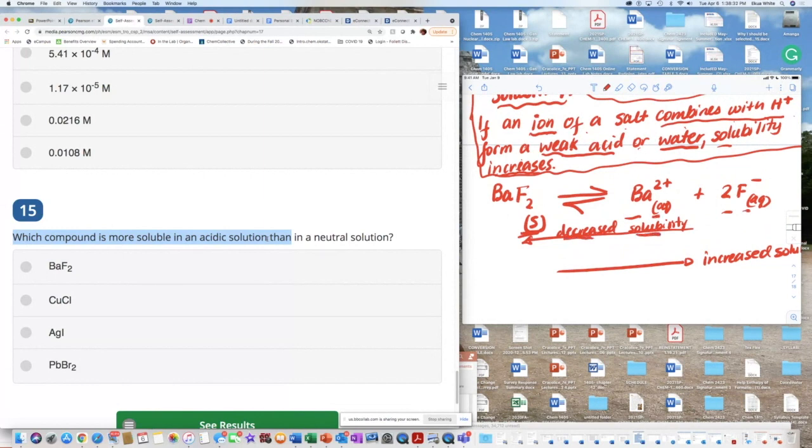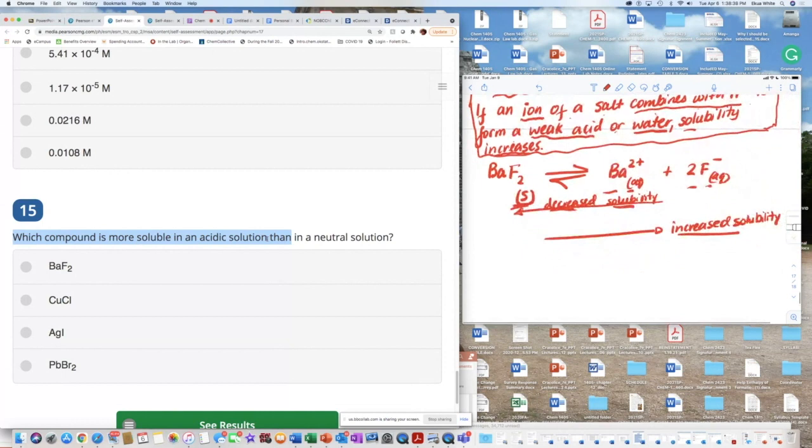The side that's aqueous has increased solubility. So if we're going to the side that has solid, you're decreasing solubility. If you're going to the side that has aqueous, which literally means soluble, right? So if we're going to the right side, we're going towards the side that favors solubility. If we're going to the left side, we're going to the side that doesn't favor solubility. That's how I remember. If you're photographic, take a picture in your brain.